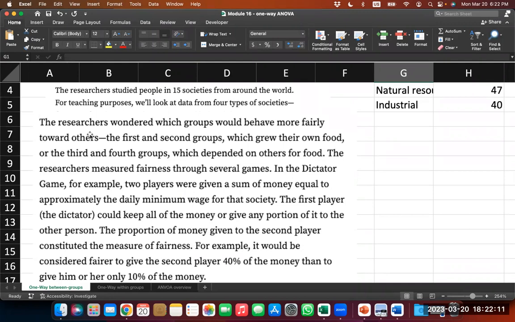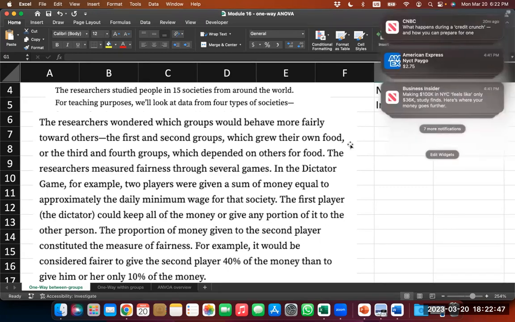The dictator game used a sum of money equal to the daily minimum wage of that society. The first player had the choice to either keep all the money or give a portion of it to the other person next to him. The proportion of money given to the second player constituted a measure of fairness. For example, it would be considered fairer to give the second player 40% of the money than to give him or her only 10% of the money.